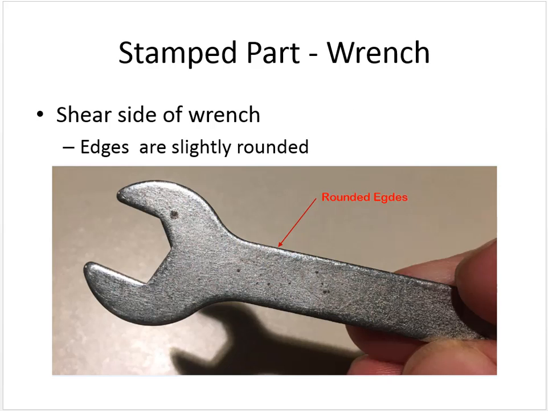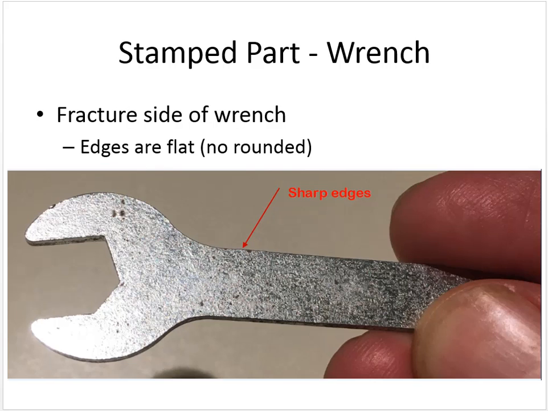In this slide, we're looking at the face of the wrench from the shear side. That's the side with the shiny edge. As you can see, the edges of the part are slightly rounded over. This is a trade-off with proper die design clearance. Now, if we look at the back side, the fracture side of the wrench, look how different it is.